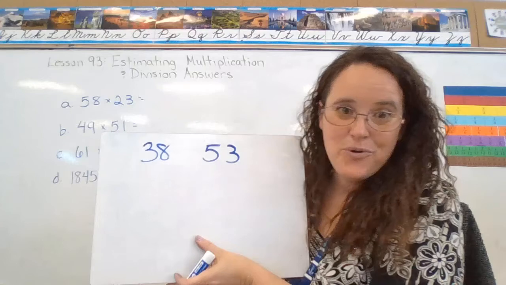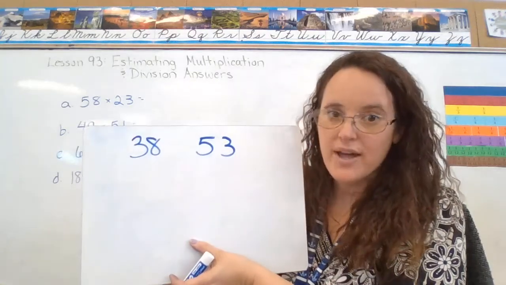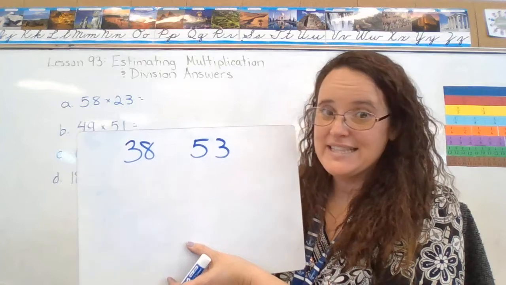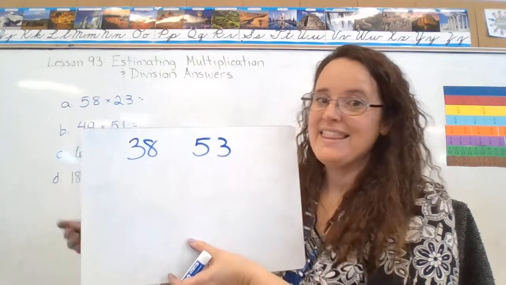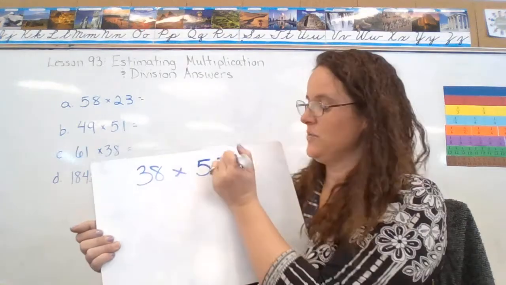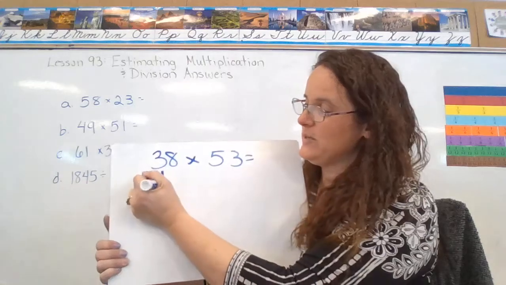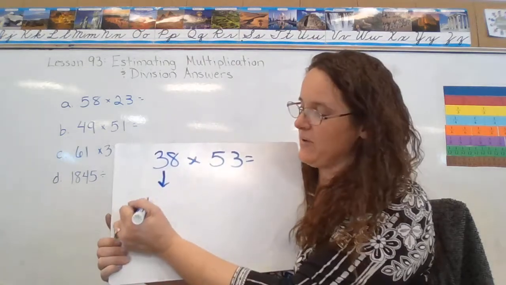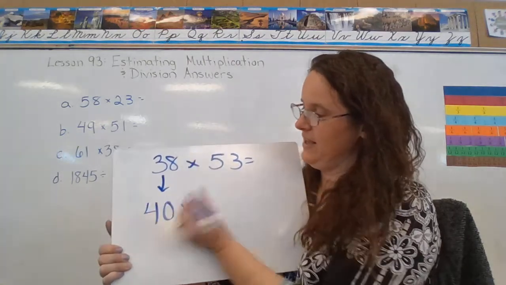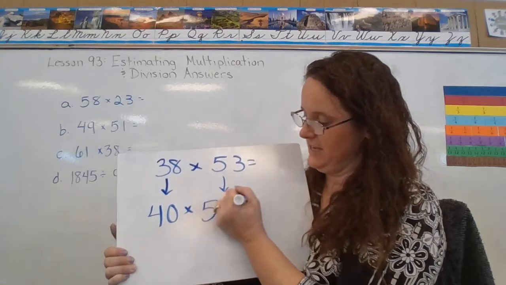Example 2 says estimate the product of 38 and 53. In order to answer this type of question, you need to know that product means the answer to a multiplication problem. So we are estimating the product, which means we need to round. 38 rounds to 40. 53 rounds to 50.